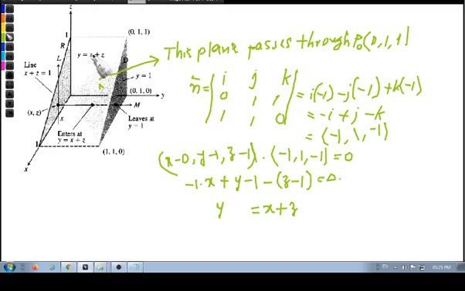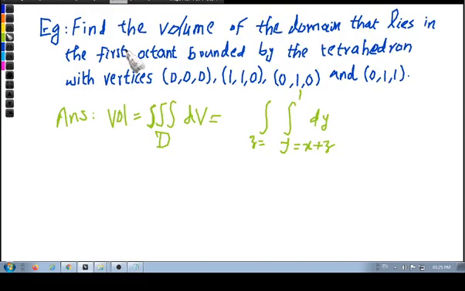So the z limits of integration are z is equal to 0 to 1 minus x, dz, then integration with respect to x.